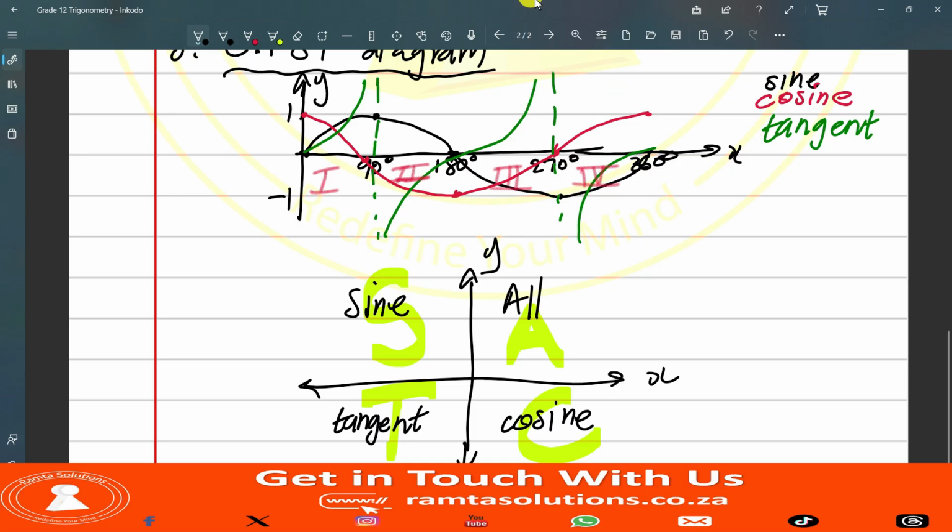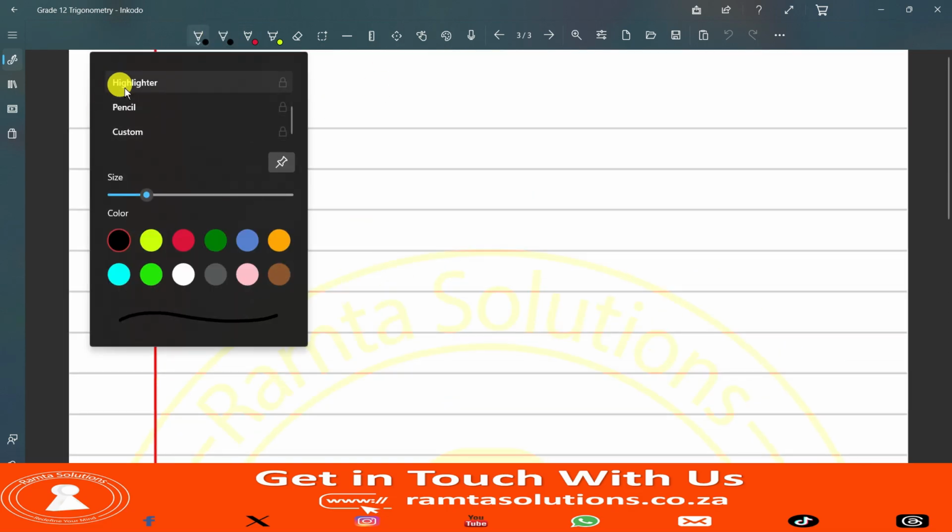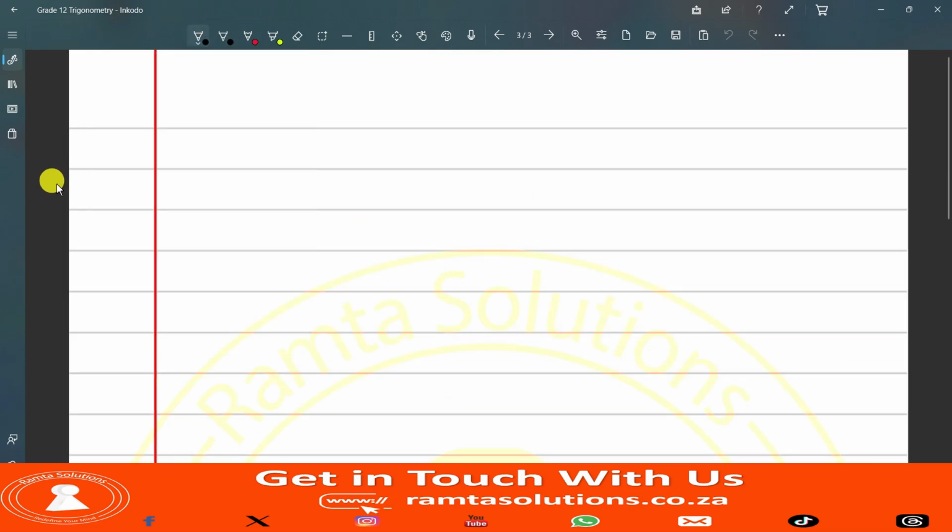Now we are proceeding to the reduction formulas. This is item number 4. Item number 4 is the reduction formulas.